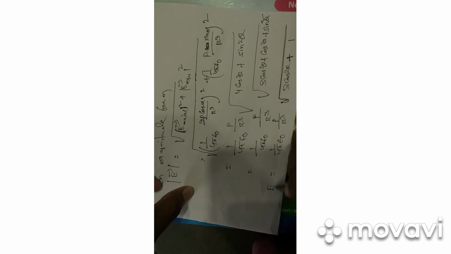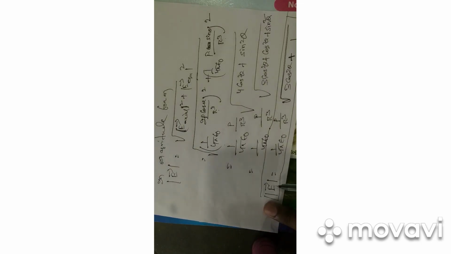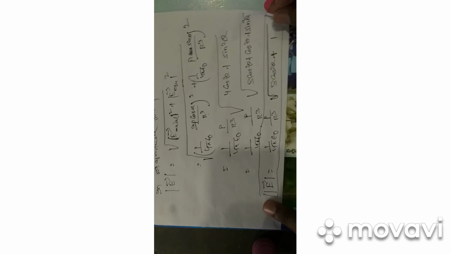So the net electric field intensity has magnitude 1 by 4 pi epsilon 0 p by r cube times the square root of 3 cos square theta plus 1. Or another way, the electric field intensity is given by 1 by 4 pi epsilon 0 p by r cube square root of 3 cos square theta plus 1. Clear?